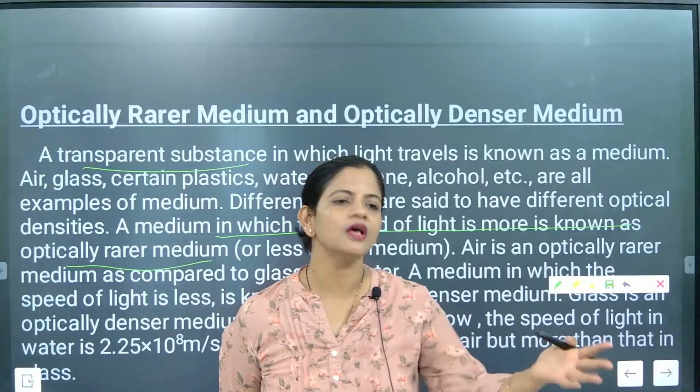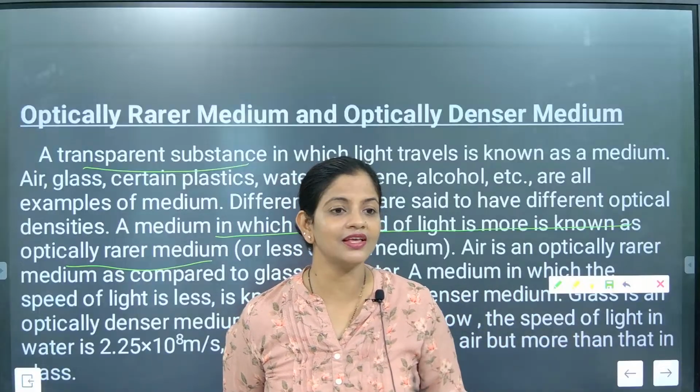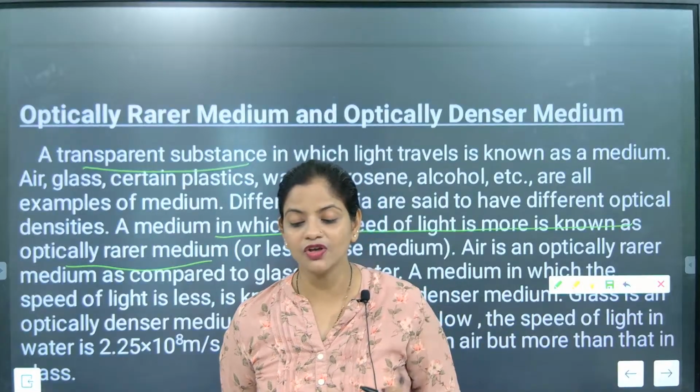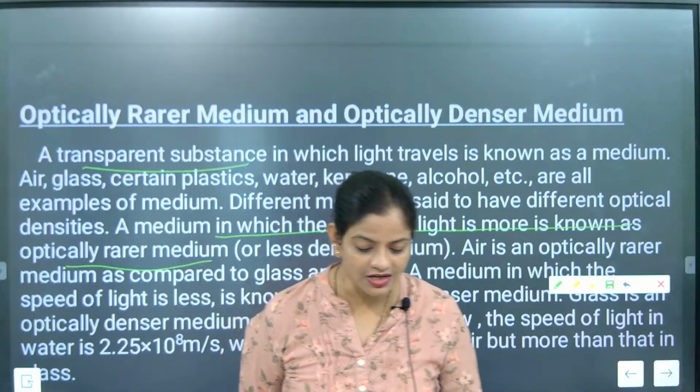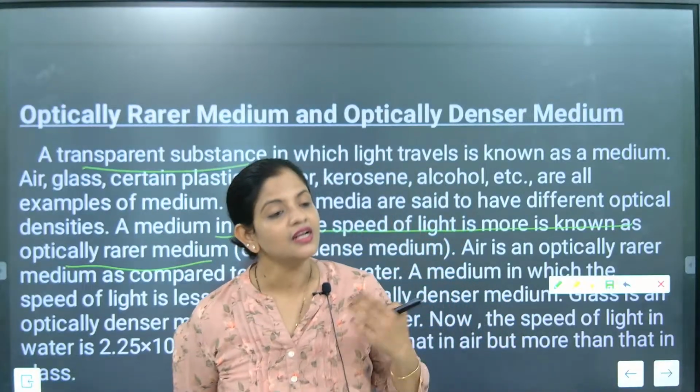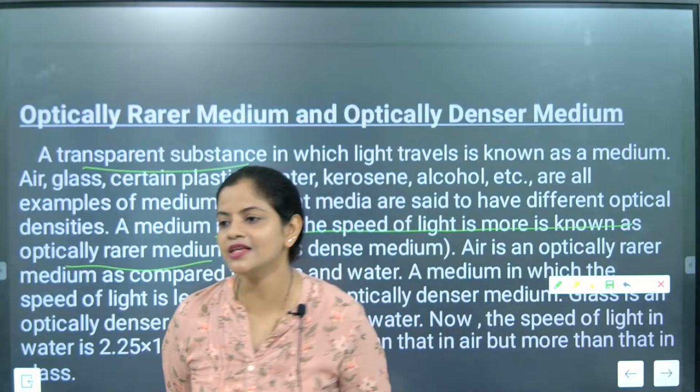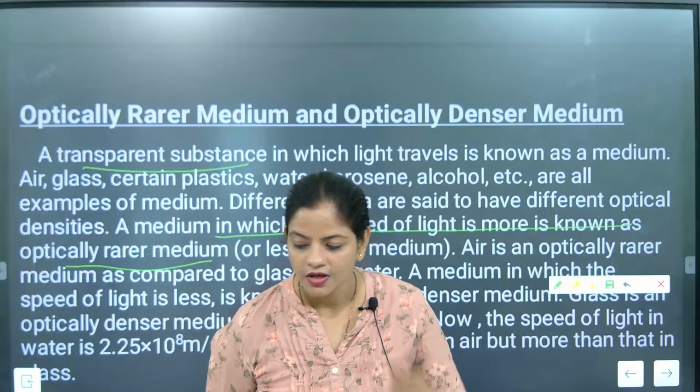More vacuum will be there, and because of that the optical density of air is less. The optical density of glass is more. So if the optical density of glass is more, that time only we can say it is denser and air is rarer. Understood? Yes.